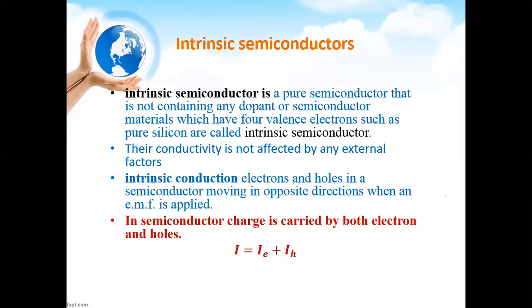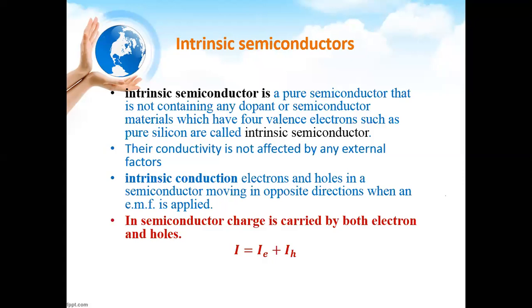Intrinsic semiconductors are pure semiconductors. They do not contain anything inside. We call that a dopant. If there is dopant inside of the semiconductors, it is going to break the purity of the semiconductors. So that's why there is no dopant. What does dopant mean? Dopant means that from outside you give an electron to the semiconductor.